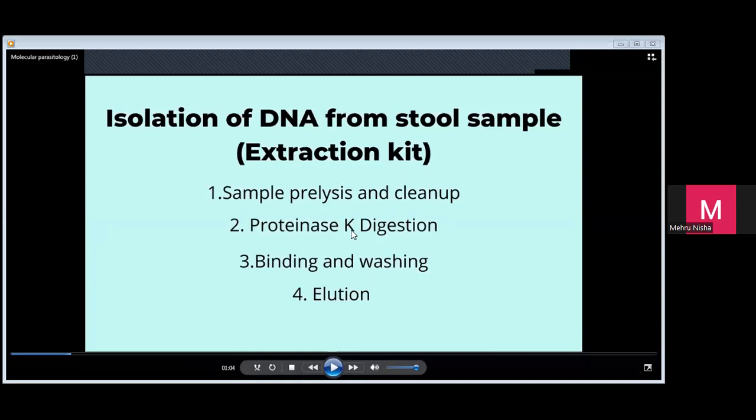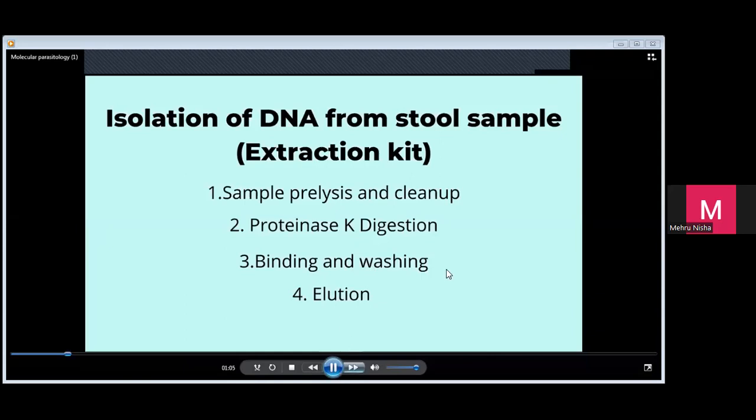And we will add proteinase K to digest the protein. As we know, stool samples contain a lot of debris. So many things are there: DNA, protein, sometimes undigested food materials and so on. Then you put in a binding and washing solution, dilution.